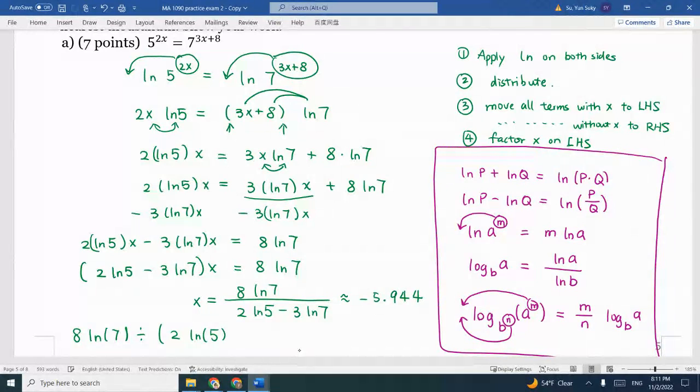You put 5, close that parentheses, minus 3 ln, then it will give you a parentheses. You put 7, close that parentheses. One more parenthesis. So make sure you have those 2 parentheses. So probably that is the mistake. Do you have the same expression as this? 8 ln of 7 over 2 ln of 5 minus 3 ln of 7?